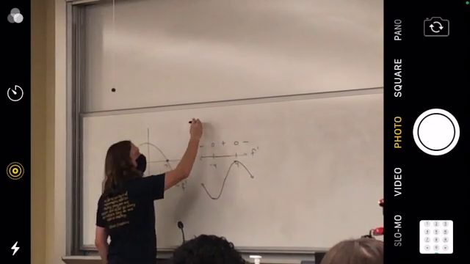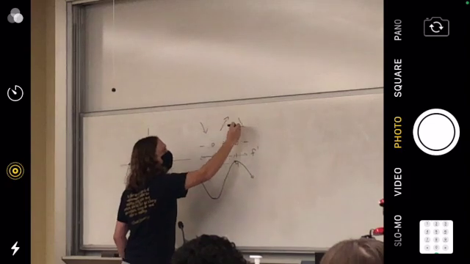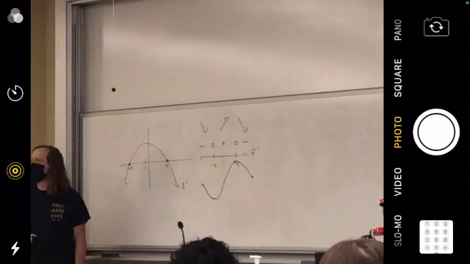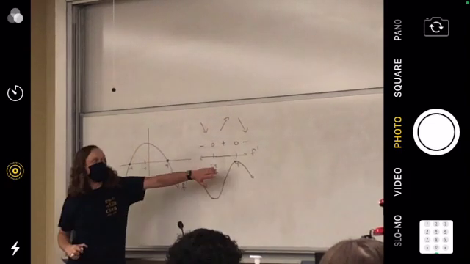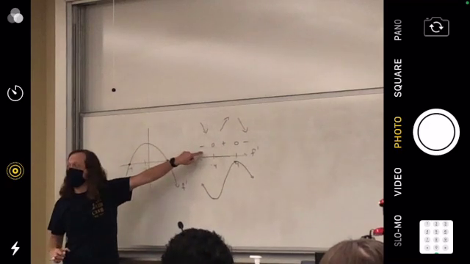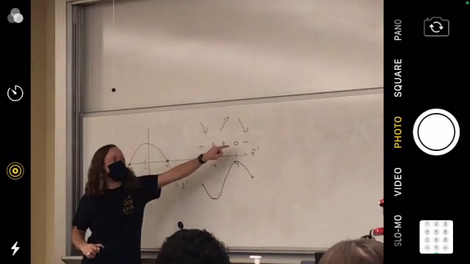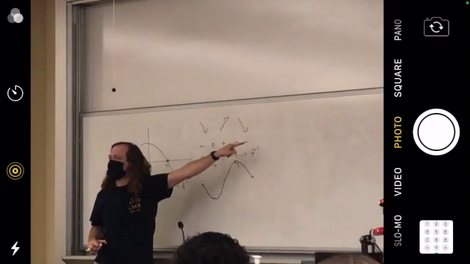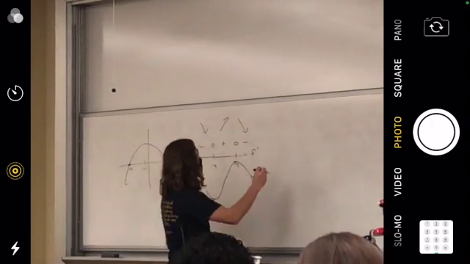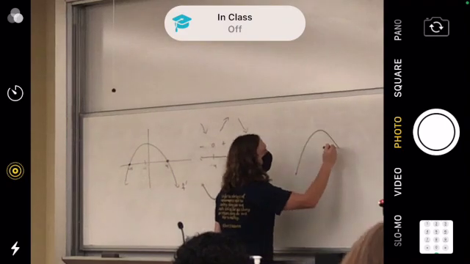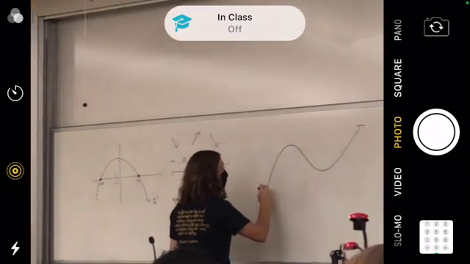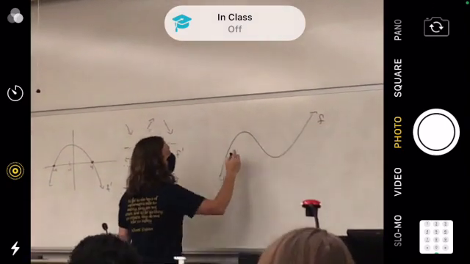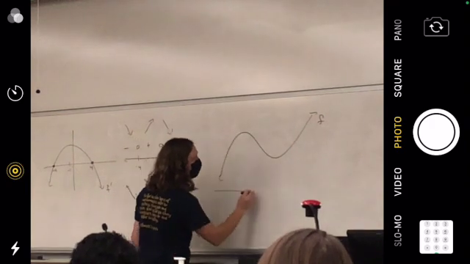Usually what I do is I say my graph does this shape. So ignore this part. If my slope is negative, then positive, then negative, my graph must do something like this. So now I just glue those together. My graph must do something like this. And when would this happen?